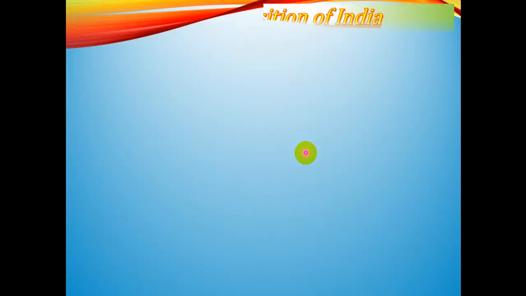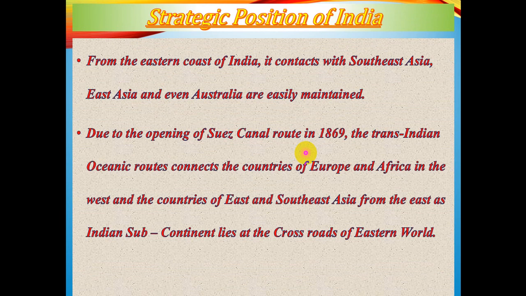Now let us proceed with the next part of the strategic position. From the eastern coast of India, it contacts Southeast Asia, as I have just shown. East Asia and even Australia are easily maintained. And in 1869, the Trans-Indian Oceanic route connected the countries of Europe and Africa in the west and the countries of East Asia and Southeast Asia in the east, as the Indian subcontinent lies at the crossroads of the eastern world.